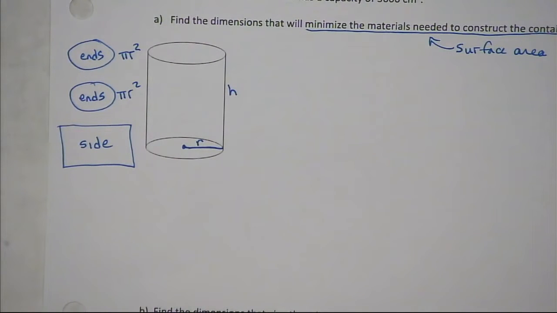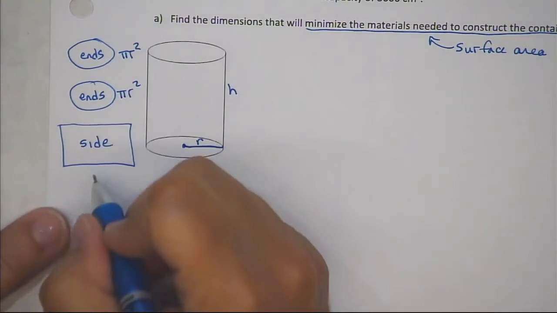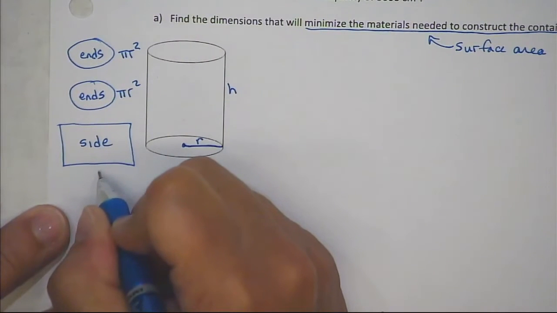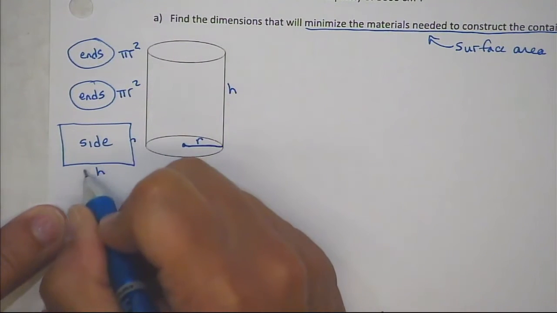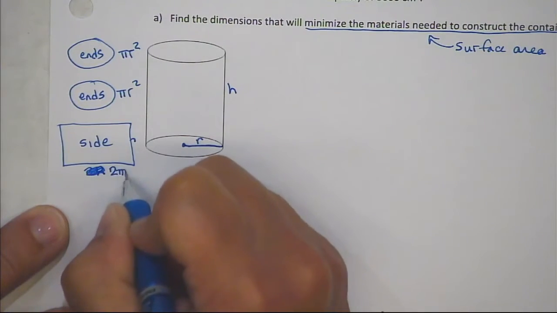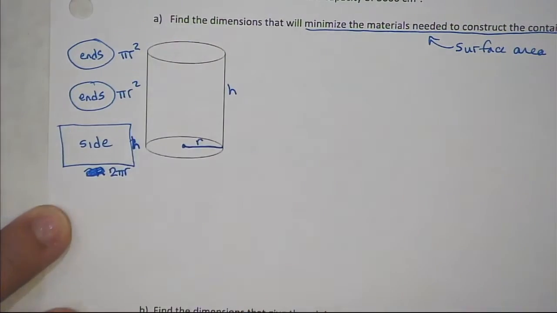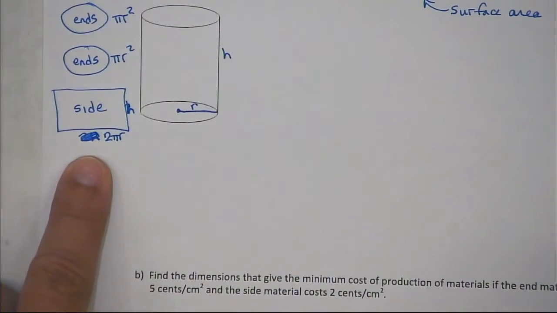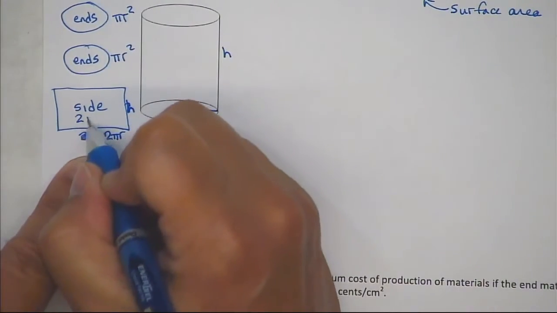So the height is the length, but then the circumference, this piece, that's your width. So that's 2 pi r. All right, so we got h here, and, oh, no, that's 2 pi r there. I did it backwards: 2 pi r, there's your h. All right, so our area for that is 2 pi r h.